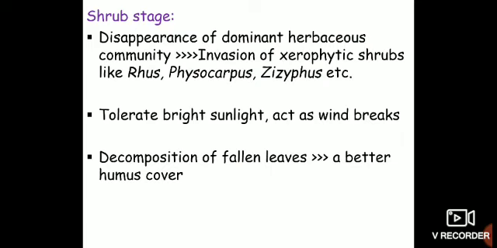That means the herbs are replaced by shrubs, because herbs have created conditions which are not favorable for themselves, but these conditions are favorable for the next coming plant community, which is the shrub stage. When the shrubs invade the area, they cause disappearance of the dominant herbaceous community which was previously there, and invasion of xerophytic shrubs like Rhus, Physocarpus, and Ziziphus takes place.